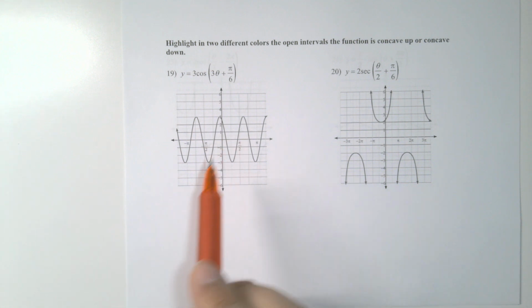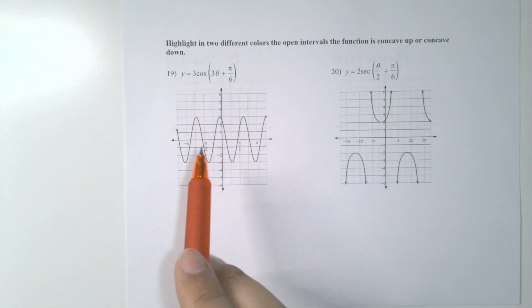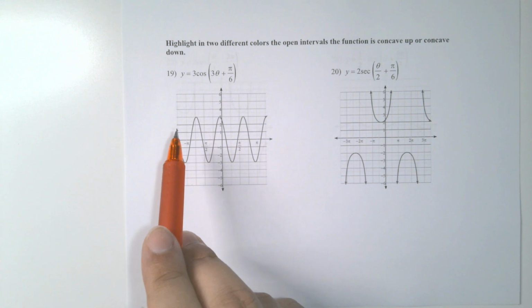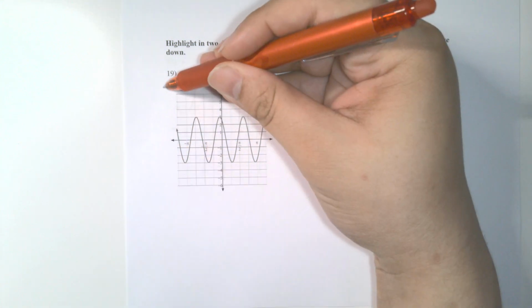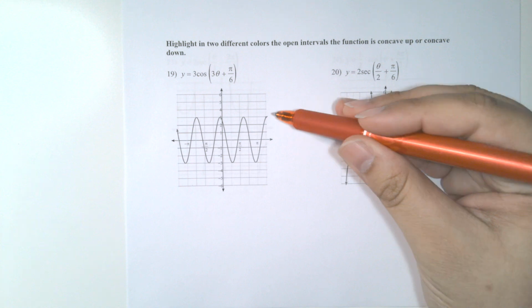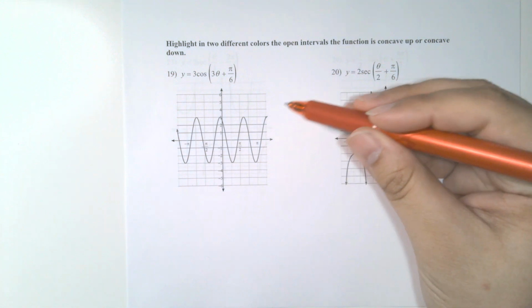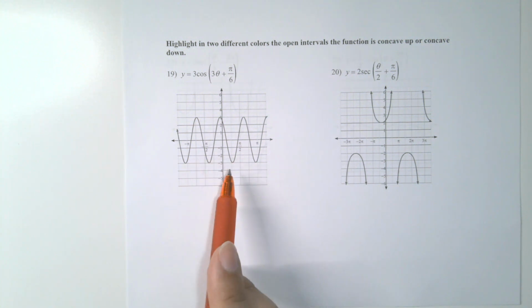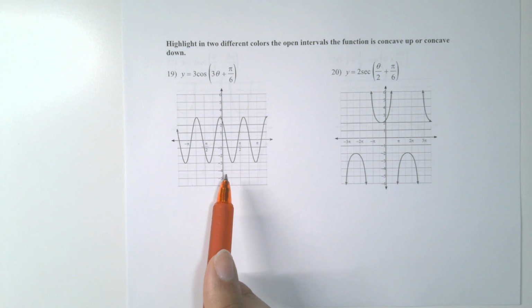And the reason that I want us to highlight them instead of just specifying the intervals is because these functions, despite the arrows implying that they would just keep going in that direction, or this would just taper off in this direction somewhere, these functions actually keep on repeating like this. We'll look at these more next semester when we talk about trigonometry. They have a property called being periodic. So I figured it would be easier if we just highlight the intervals where they're concave up and down.